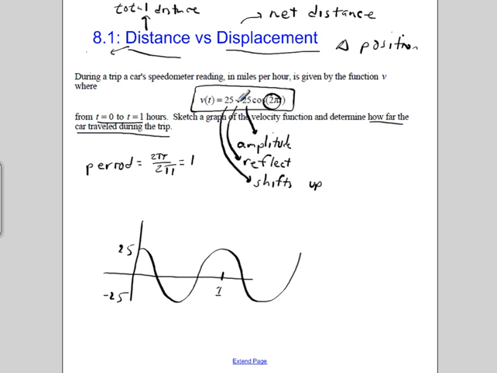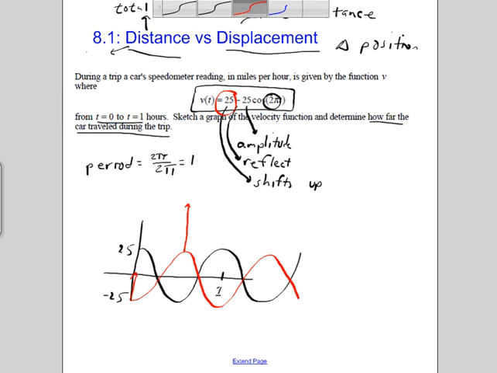And the negative sign is going to cause us to flip. So it's actually going to look like this. And then the plus 25 is going to shift our entire graph up by 25.